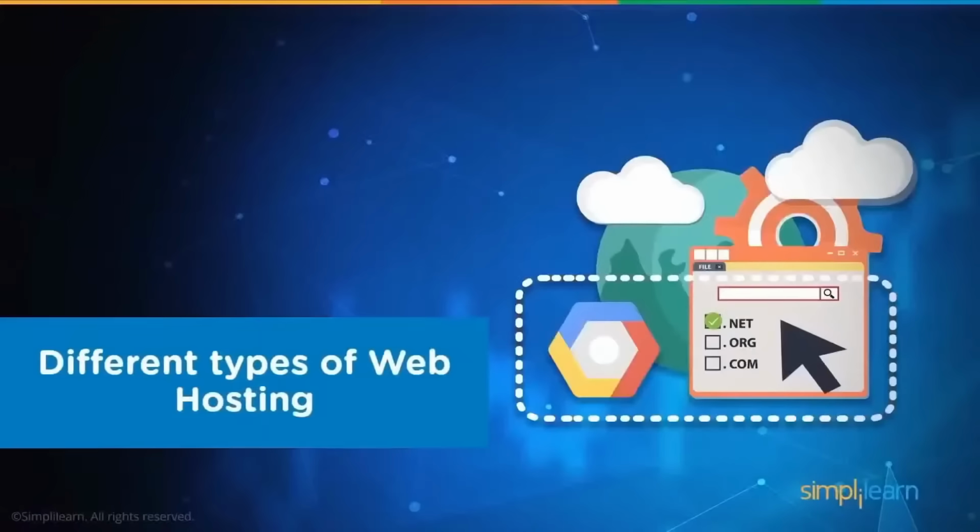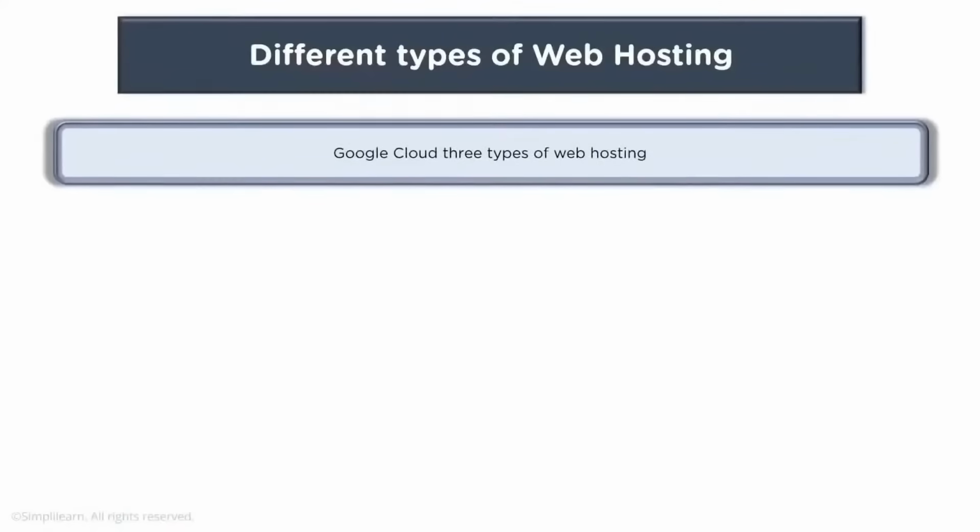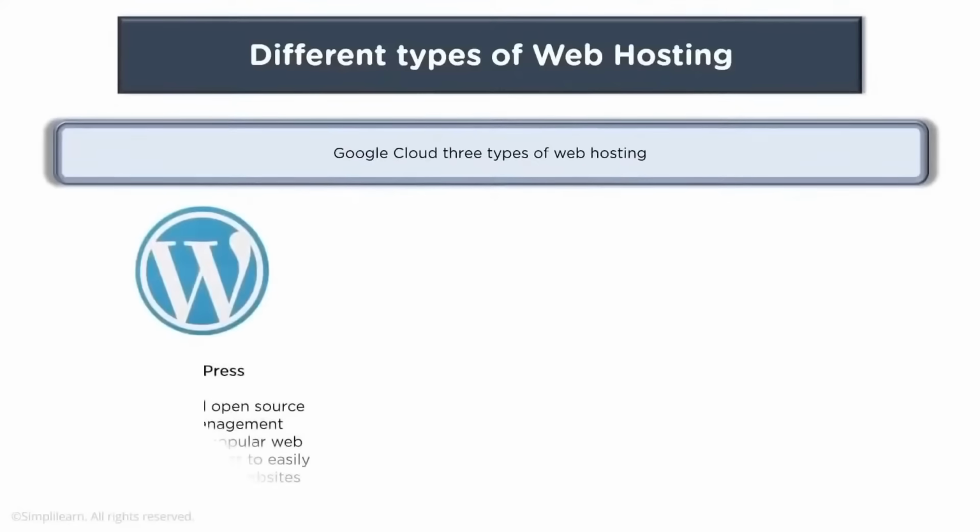Now, when you talk about different types of web hosting, Google Cloud offers three types of web hosting. You have WordPress. It is a free and open source content management system. You might have used it in the past or have heard about WordPress, where a lot of websites are being created. It is a popular web publishing platform to easily set up blogs and websites, and thus used by organizations or even individual users for having their blogs, running their websites, or promoting their products.